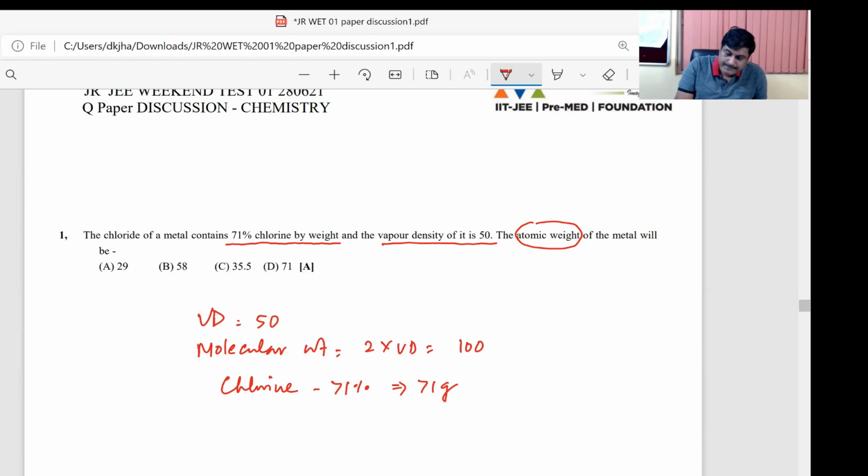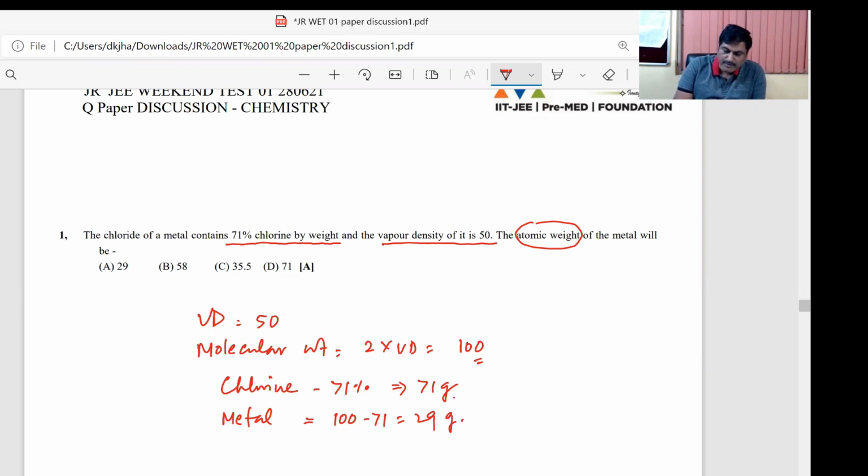Then the metal is 100 minus 71, which is equal to 29 gram. So the molecular weight is 100, chlorine is 71 grams, so the metal is 29 grams.